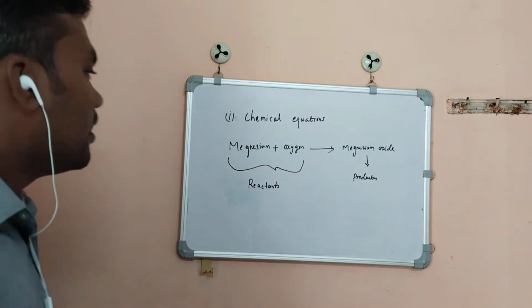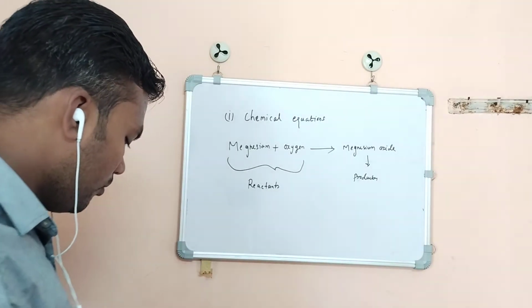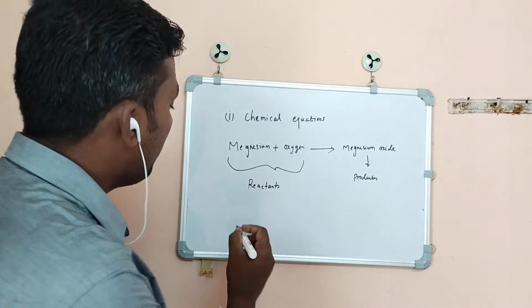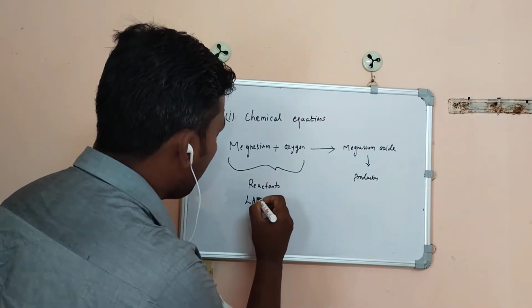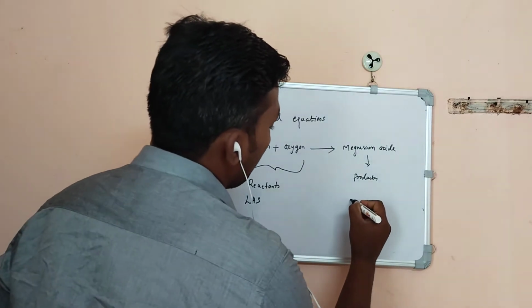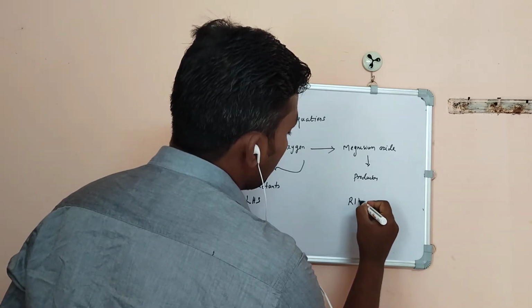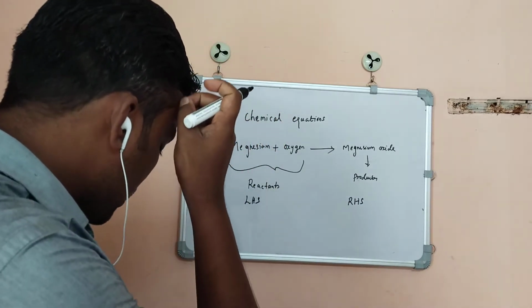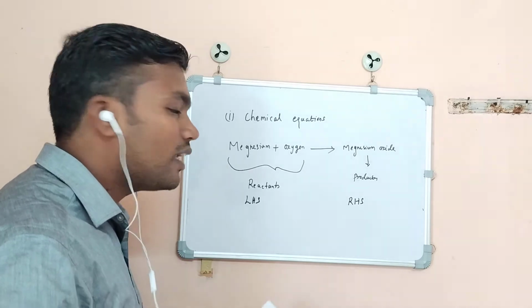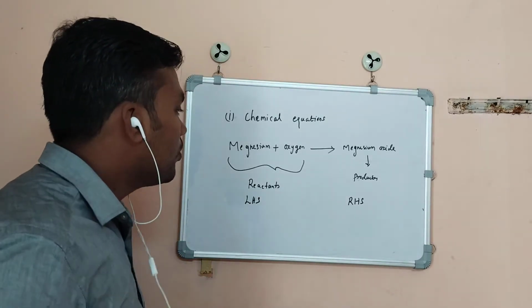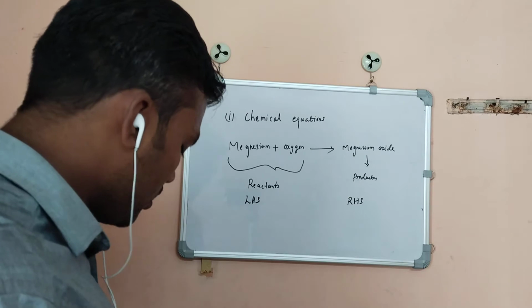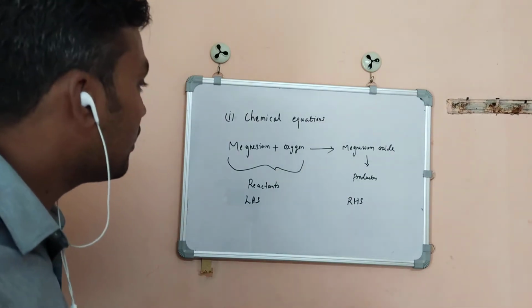The reactants must be written on the left hand side, LHS, and the products on the right hand side, RHS. Writing a chemical equation in word form looks long, so scientists have decided to write chemical reactions in shorter forms, the simplest way to understand a chemical equation.